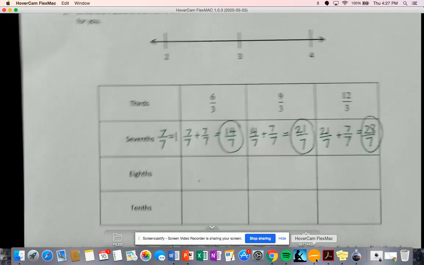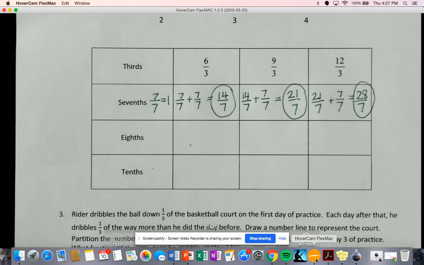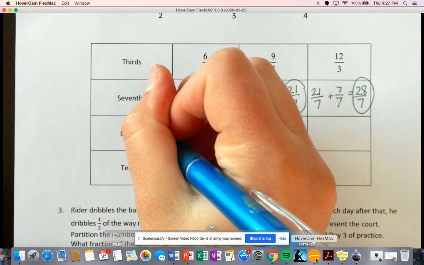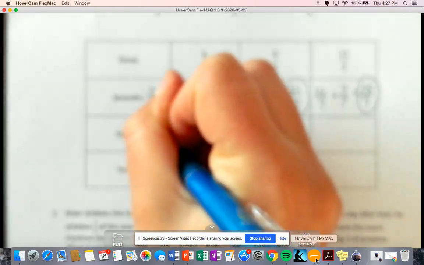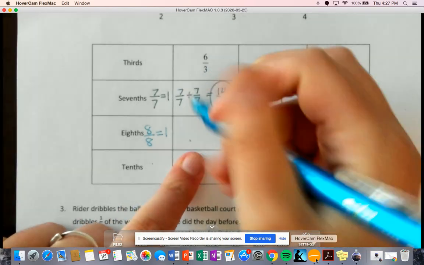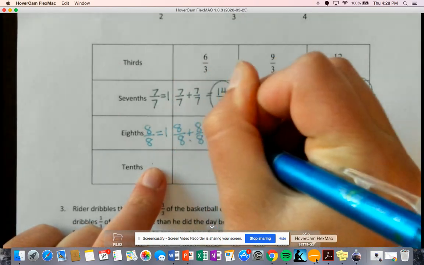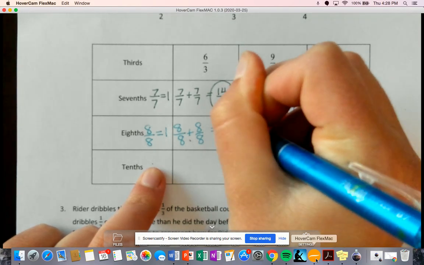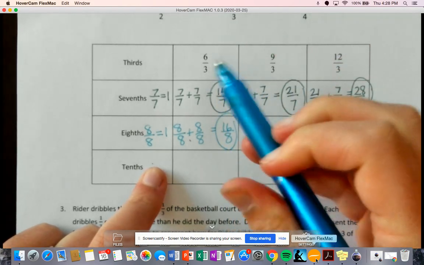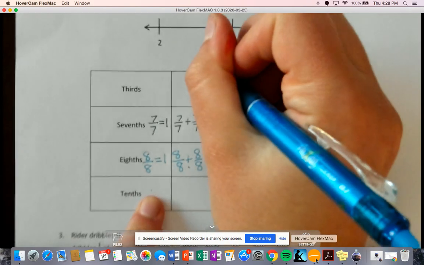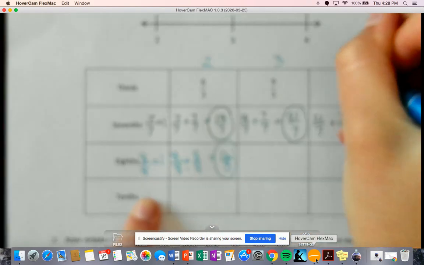Then I have 21 sevenths plus another whole, so 7 sevenths, and I now have 28 sevenths, and 28 divided by 7 is 4. Okay, let's do this for eighths. So I know that there are 8 eighths in one whole. So to find 2 wholes, I'm going to add 8 eighths plus 8 eighths, which equals 16 eighths. And 16 divided by 8 is 2. I'm going to write 2, 3, 4 here just to remind myself.